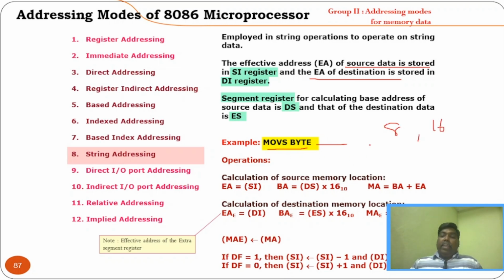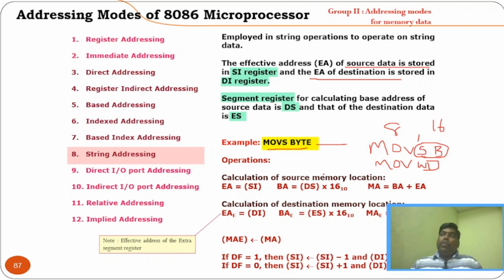So it can also be like this, that is MOVSB and MOVSW, which means MOVSB will transfer the byte instruction, that is 1 byte, and if it is a 16-bit word, then that can also be transferred using this particular string addressing, right?